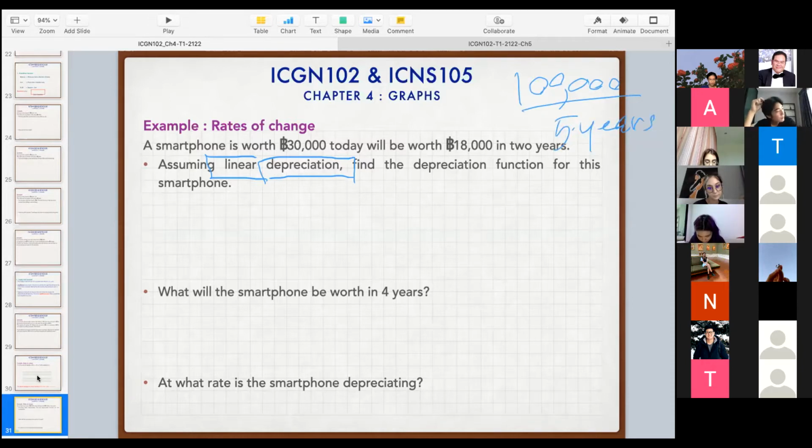It means that if you divide 100,000 by 5, you get 20,000. 20,000 is the depreciation of that computer per year.